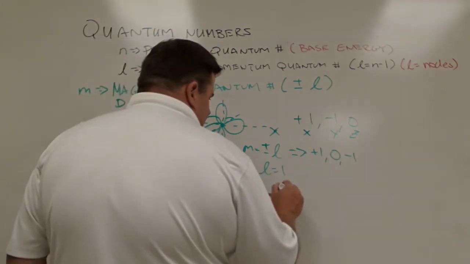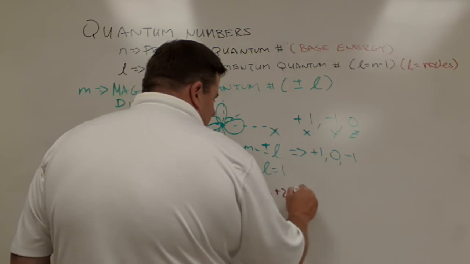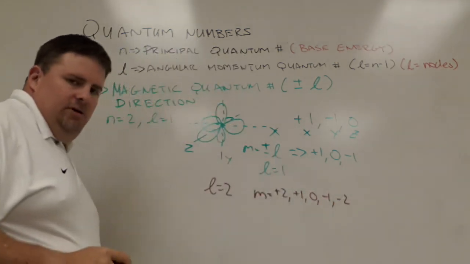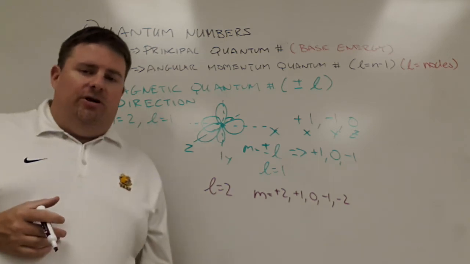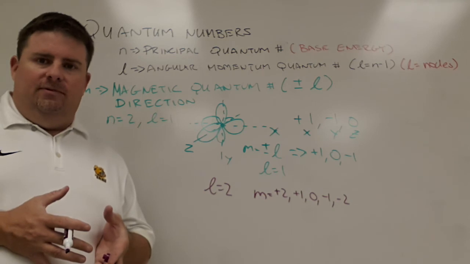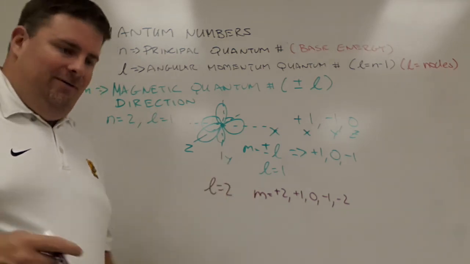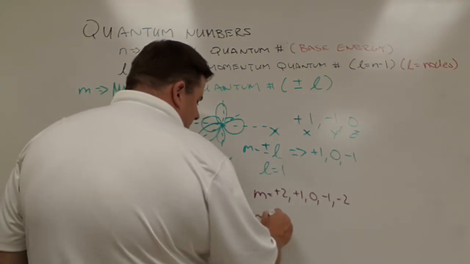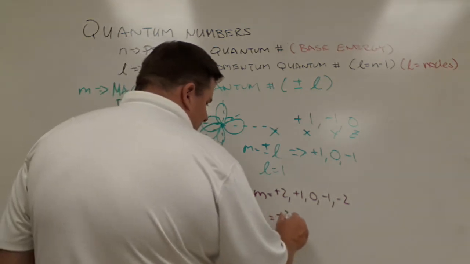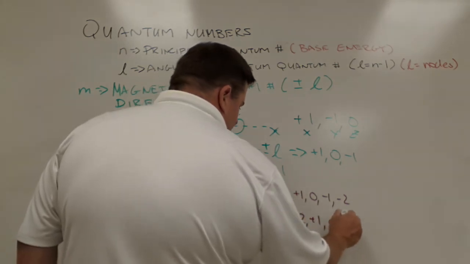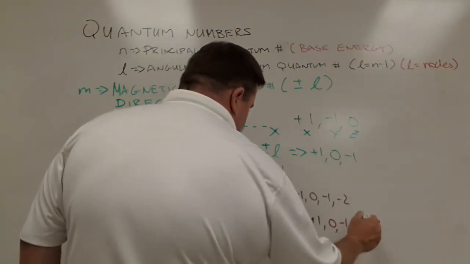That means I've got plus 2, plus 1, 0, minus 1, minus 2. So I have 5 directional components for anything that's got 2 nodes built into the system. What about for L is equal to 3? Well, in this case, m is going to be equal to plus 3, plus 2, plus 1, 0, minus 1, minus 2, and minus 3.